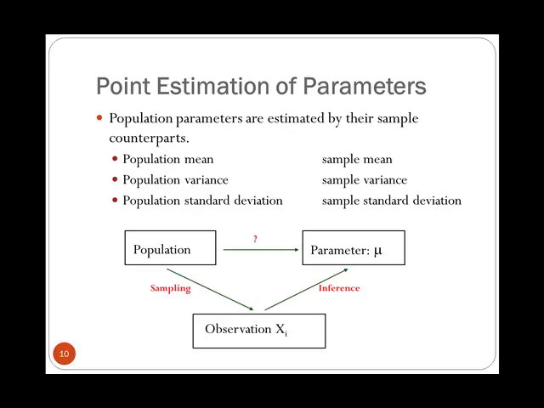So typically you get a sample from a population, and then you make an inference about the parameter of the population. Note that each observation in a random sample is representative of unobserved variables in the population. The question is, how different would this observation be if we took a different random sample?